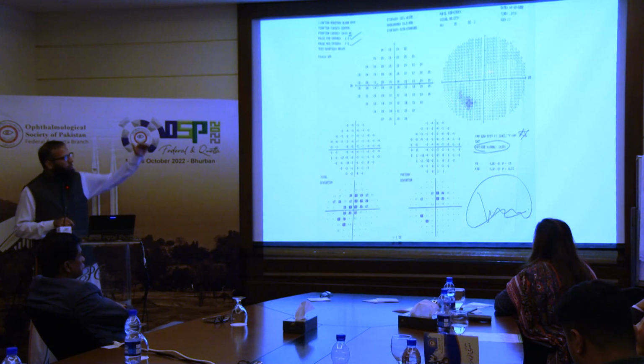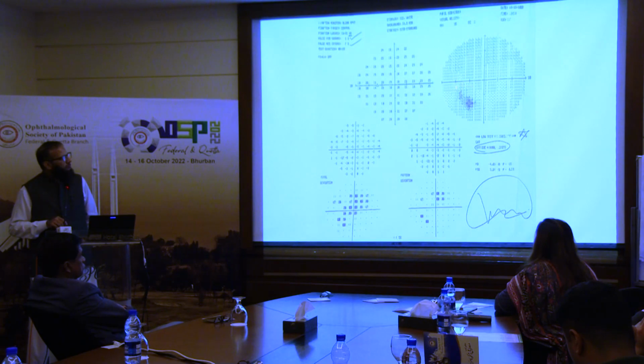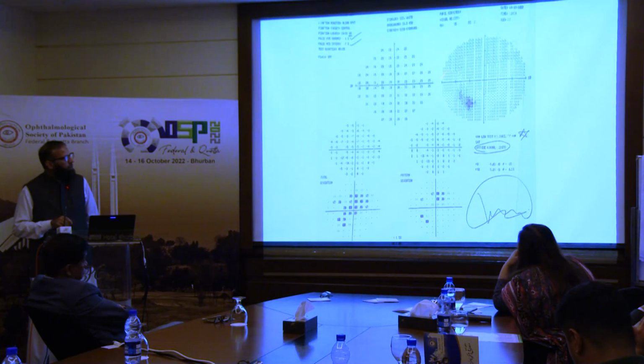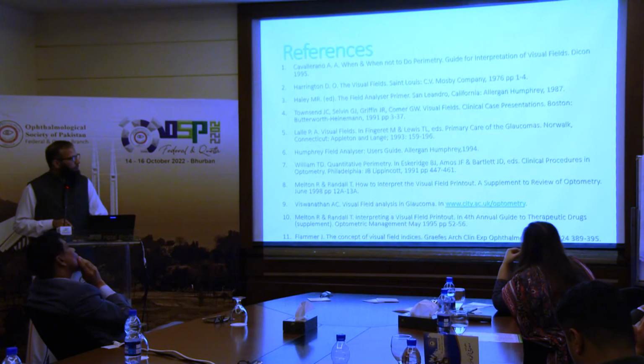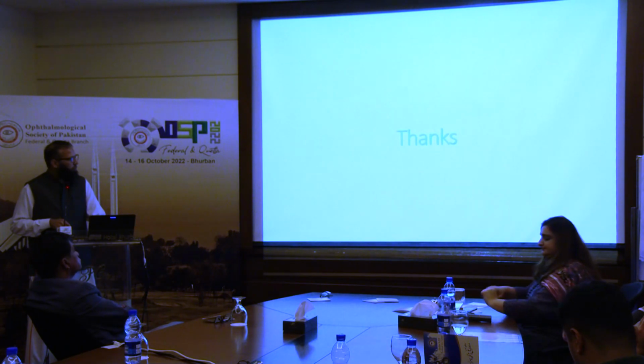In that case, the whole field shifts below, and as a result, when the point at the blind spot is picked up by the patient, the machine will mention it as fixation losses. So in this case, again, you have to repeat the test and tell the patient that while performing the test, you have to move your fixation to the other point which is used to check the visual field of the patient. So these were the references that were used for this presentation.